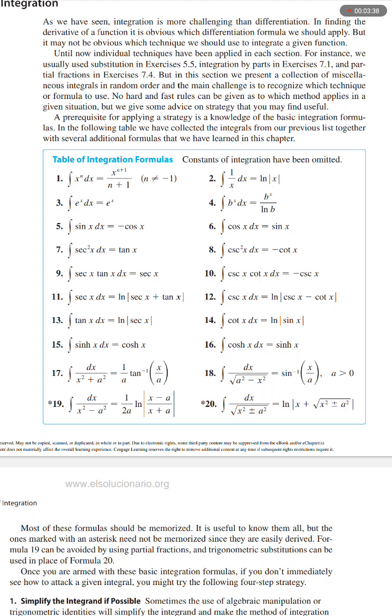Number 8, I might as well continue to number them, the integral of cosecant squared x dx equals negative cotangent x. Number 9, the integral of secant x tangent x dx equals secant x. Number 10, the integral of cosecant x cotangent x dx equals negative cosecant x.